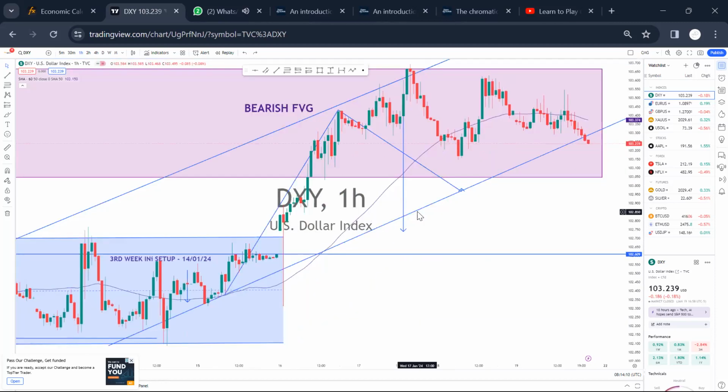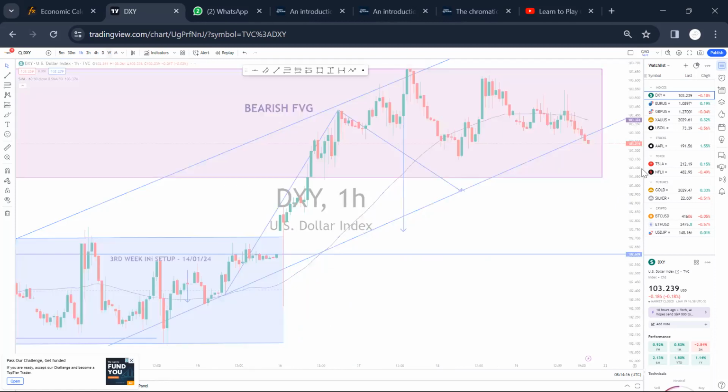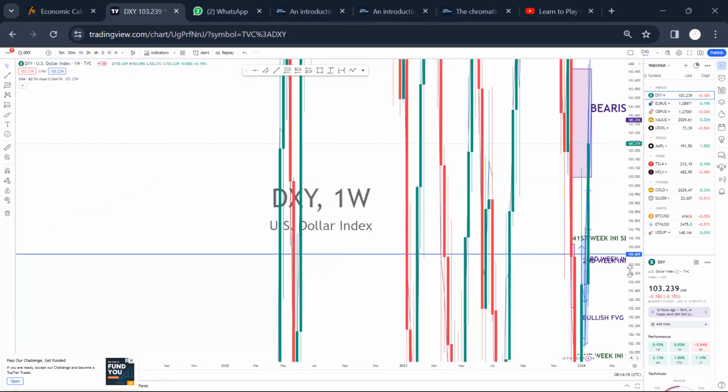Now, let's move to the weekly time frame and see what is happening on the weekly time frame. If it is bullish, bearish, or better say consolidating, right?